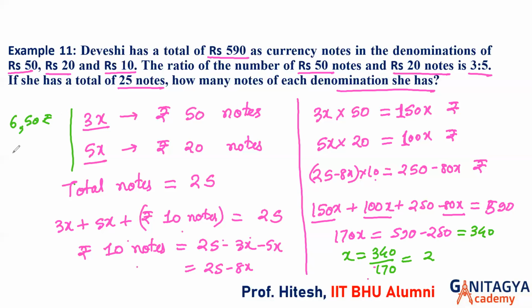Then 5 into 2, 10 rupee 20 notes. Then 10 plus 6 is 16. So 25 minus 16 will be 9. So 9 rupee 10 notes. So now 50 into 6 is 300, 10 into 20 is 200, plus 9 into 10 is 90. It becomes 590. 300 plus 200 plus 90. So this question is done.